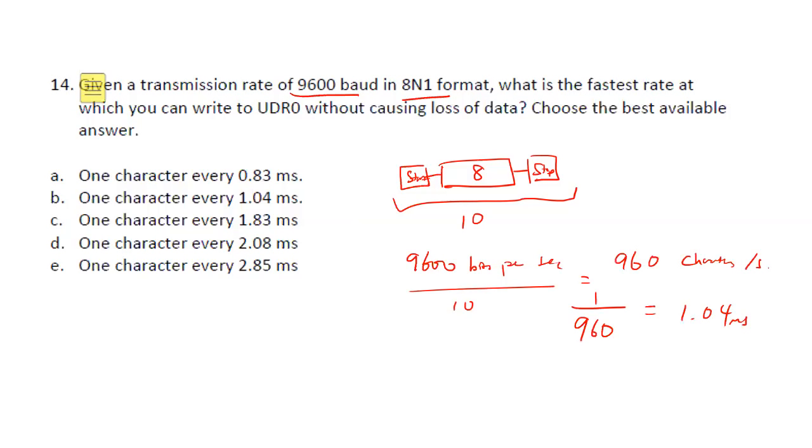Of course, in a practical sense, we do not update UDR based on this timing. We update based on the actual interrupt or the actual bit that we poll. But this gives you an idea of how frequently a transmission will be completed at this baud rate and format. So that is question 14.